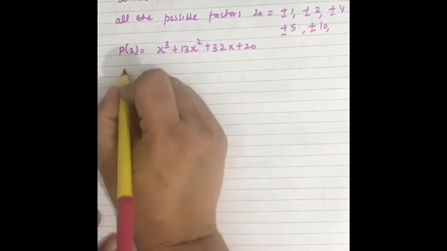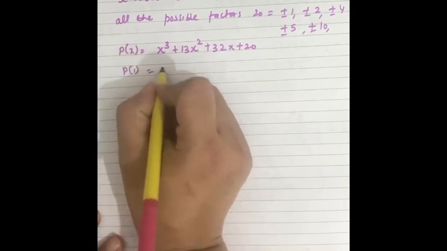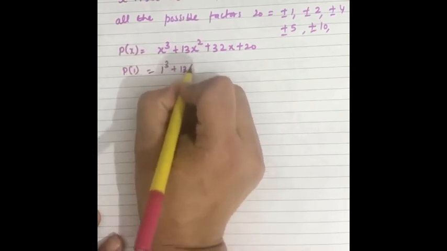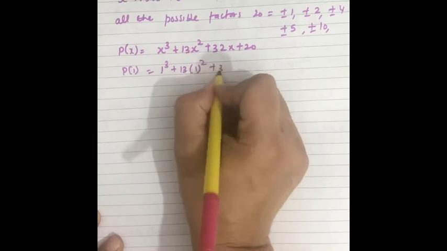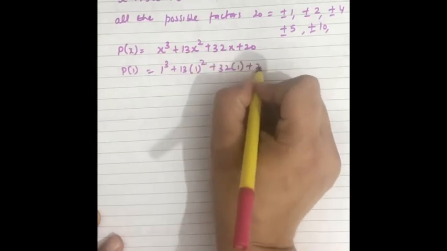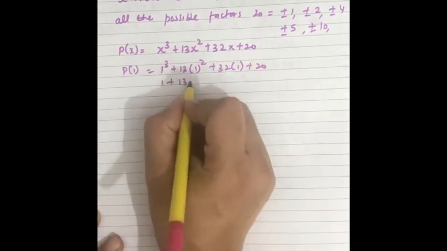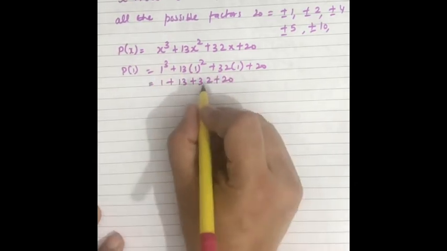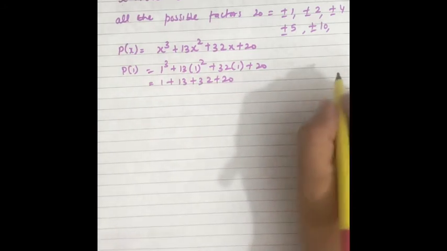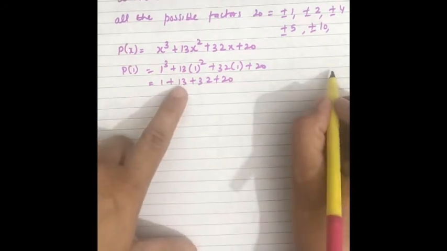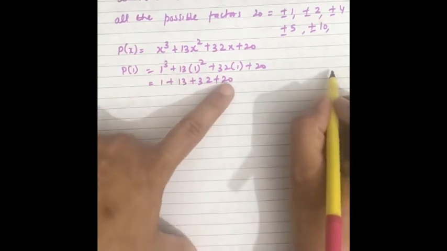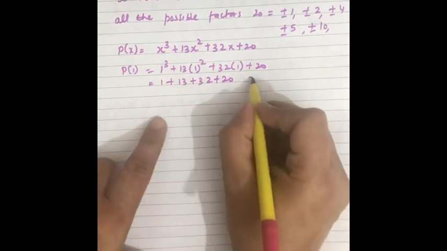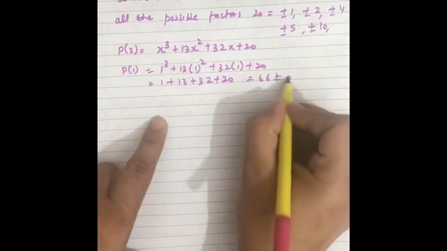I'm showing here, let's say p(1): 1 cube plus 13 into 1 square plus 32 into 1 plus 20. 1 plus 13 plus 32 plus 20. 32 and 1 is 33. 33 and 13 is 46. 46 and 20 is 66, which is not equal to 0.